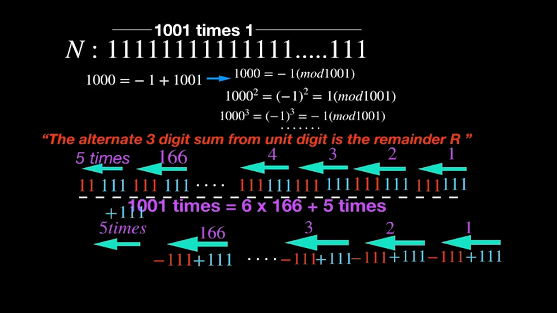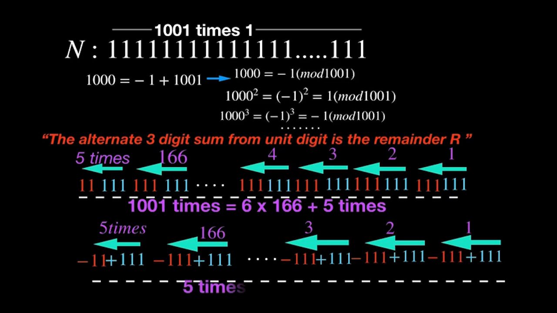Then only the remaining 5 ones, that is the blue 111 and the red 11, will be the existing portion.